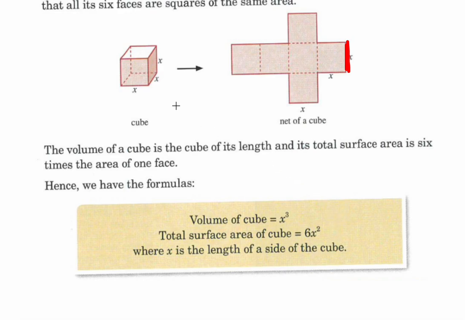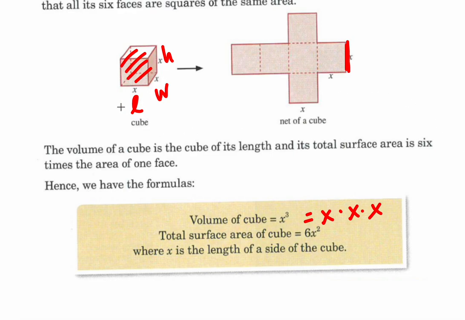The volume, like we said, is the total space inside, and we always find that with length times width times height. Since they're all the same, it's just x times x times x, which is x cubed. So these two are really important formulas that you should have in your notebook.